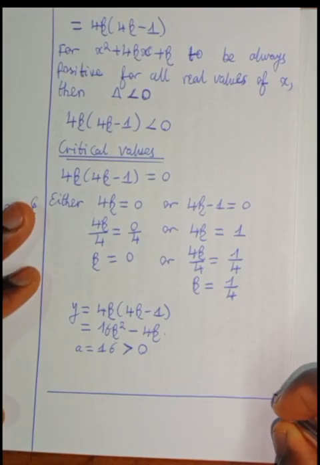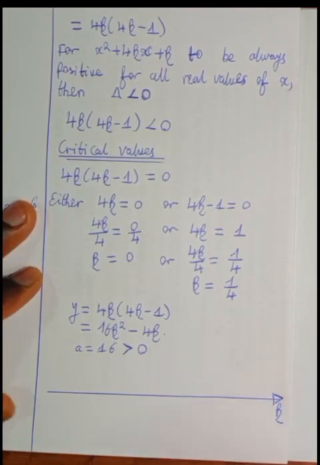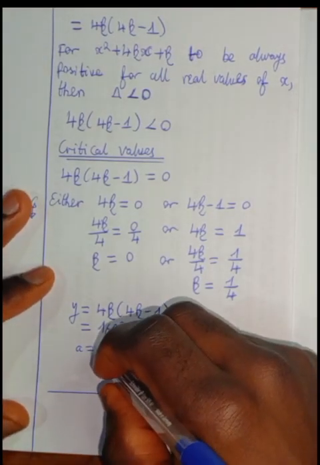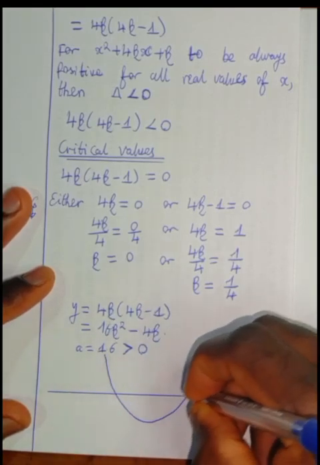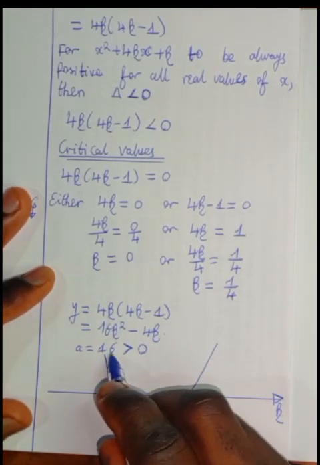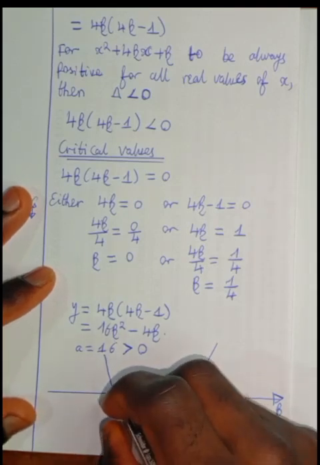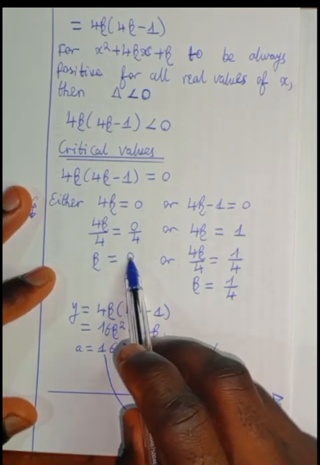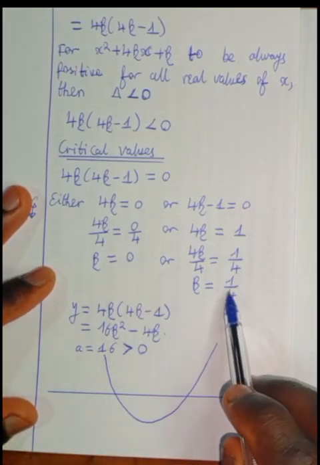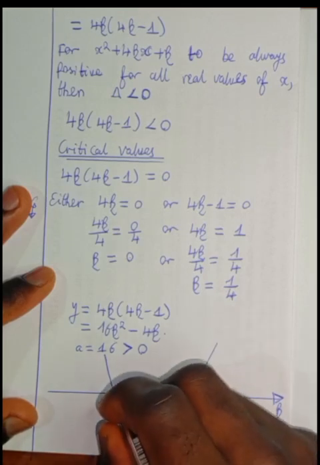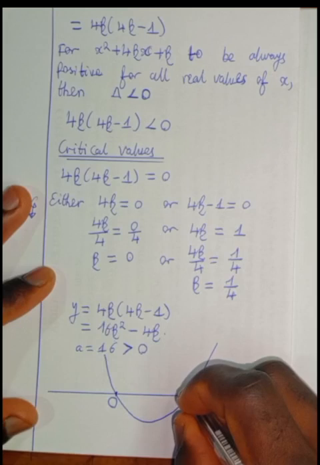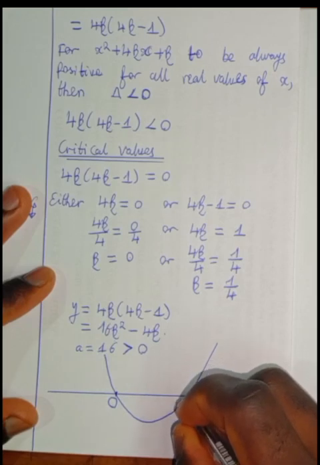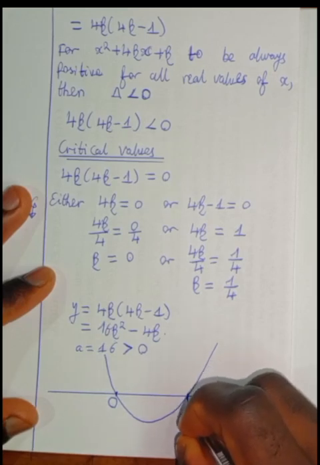This is our beta axis. Then we know we have a valley parabola since a is greater than 0, 16. At this point, if you compare the roots, you know 0 is less than 1/4. So here we have the first root, which is 0, and here we have the second root, which is 1/4.